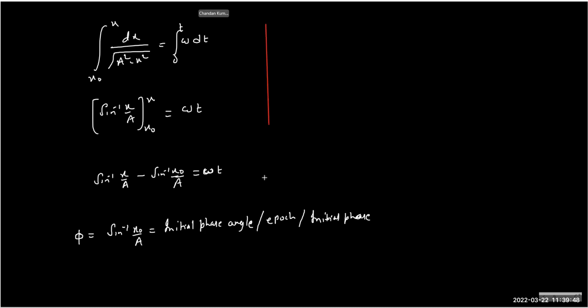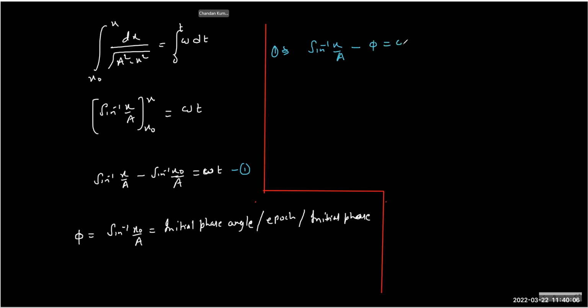So going by the convention of notation, we can rewrite this equation 1 as the instantaneous angle minus initial angle is the angle omega t. So you can write this as omega t plus phi. x by a becomes sine, because it's the inverse of sine.